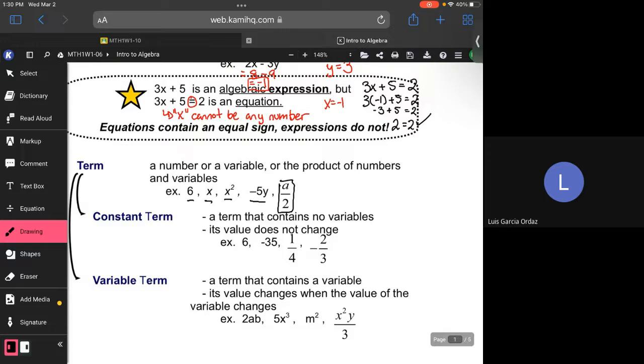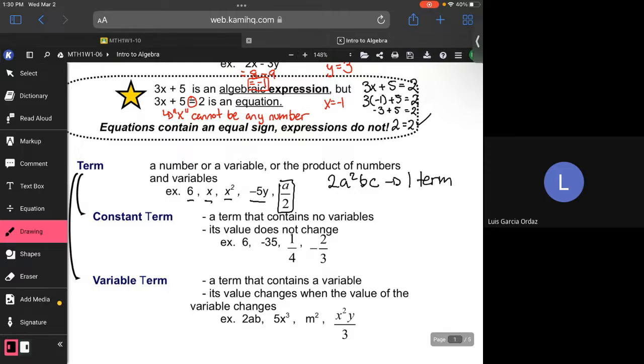What you guys are going to notice is that even if we have, let's say, 2 times a squared b times c, is that one term or 3 terms? Danica? It's one term.